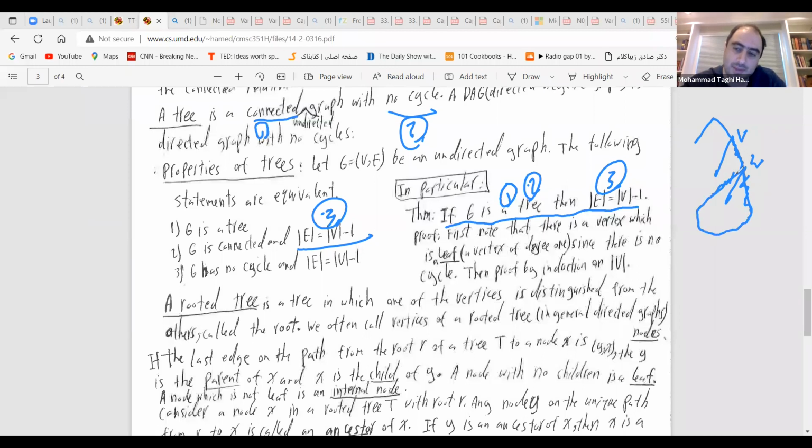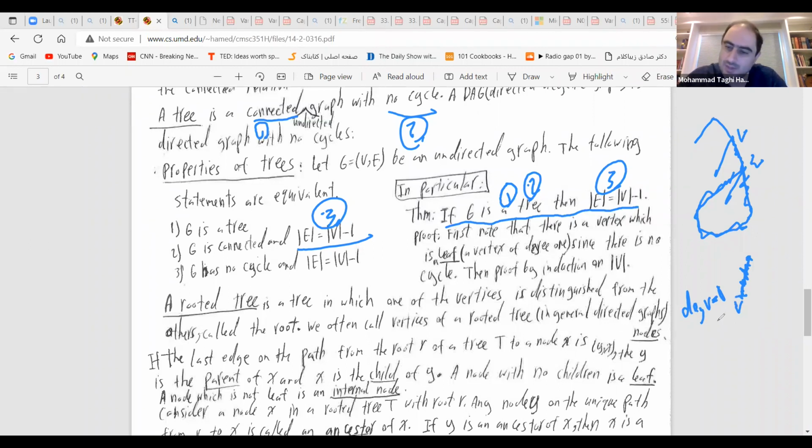So this cannot happen because there is no cycle. It means that if you start this process from one vertex and go one by one, at some point you should reach a vertex that you cannot go out of. Good. What would be the degree of this vertex? Because you just came there, the degree of this vertex is 1. But the degree of V is also equal to 1. In some sense, V is a leaf here.